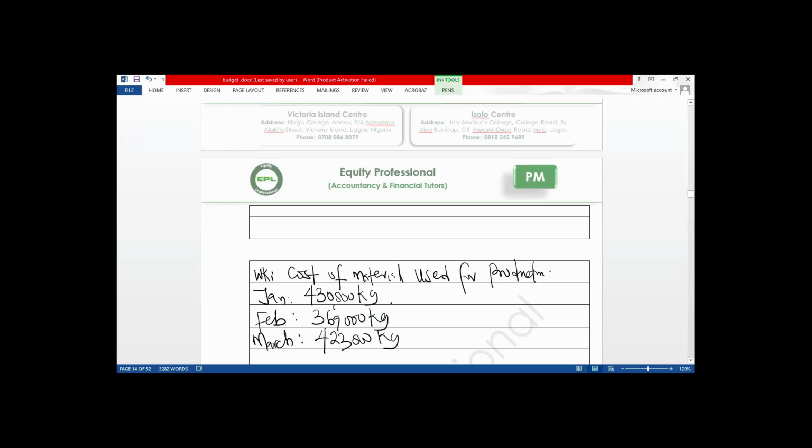What is the price per kg of material? 3 naira 50 kobo per kg. 3.50 naira per kg. This will give you cost of material used for production.